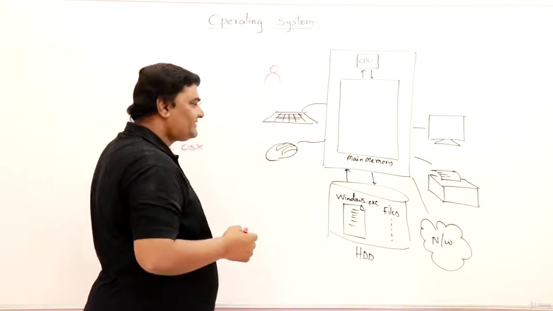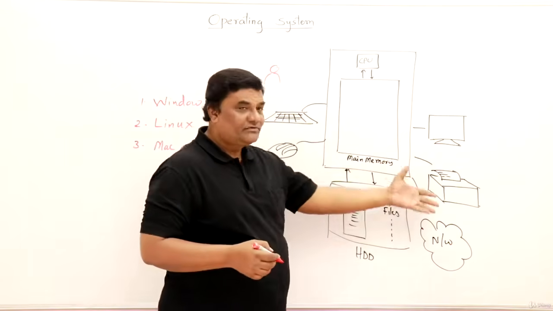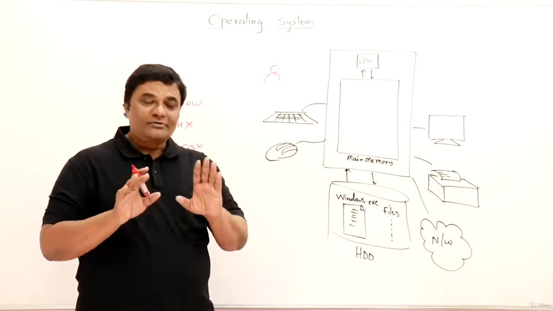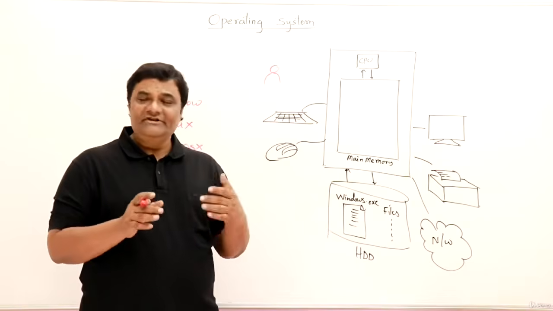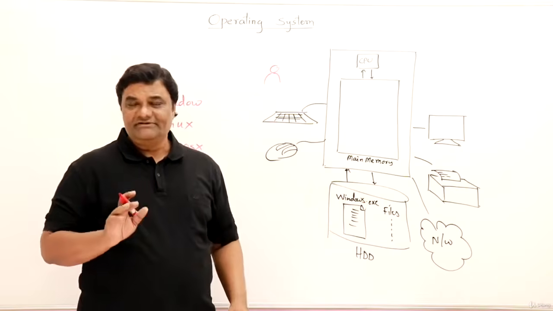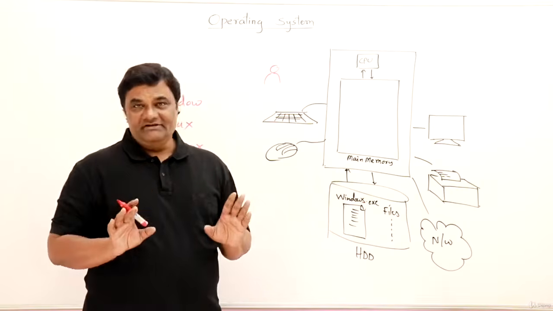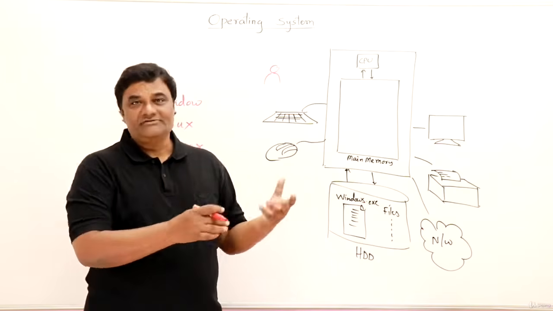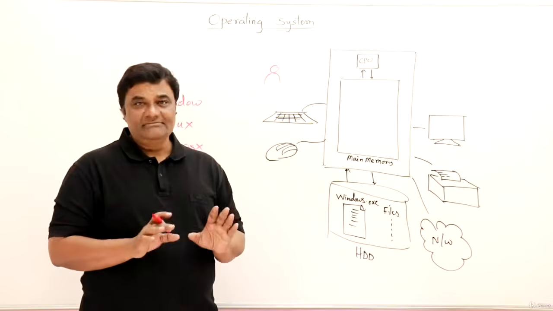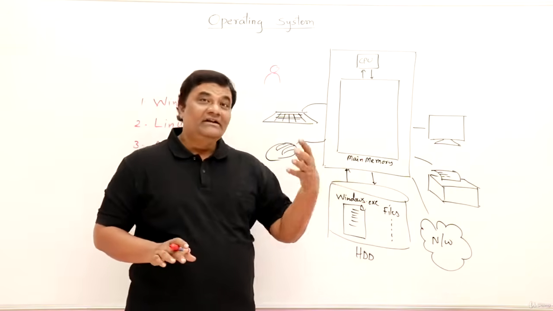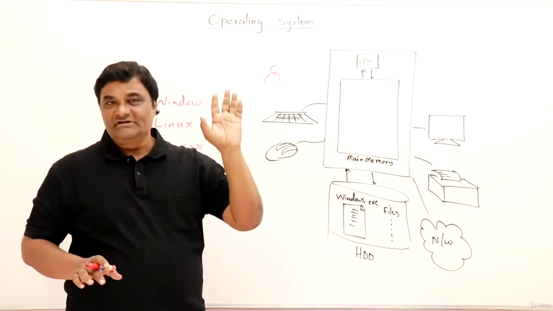The user is using the computer system and may be using these resources like accessing the internet or accessing some files. The user will not directly use them, he will use them through a program only. So finally, the user should benefit from the resources and the program. This is the responsibility taken by an operating system, and it provides an environment that makes it easy for a user to use the computer system.